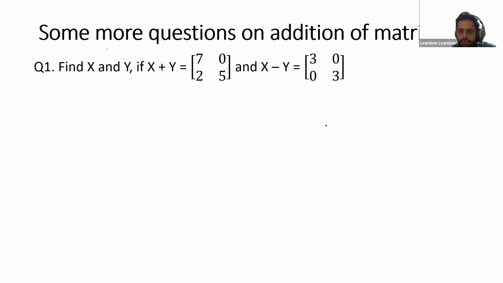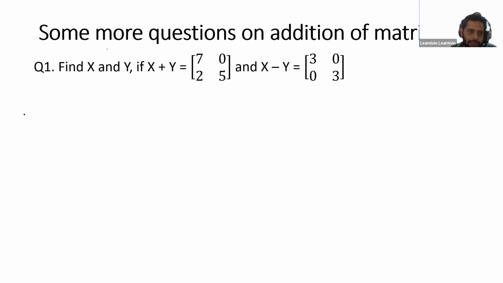X is 5, y is 2. I know, but this is a matrix. This is not a variable. This is a matrix. So you will get the answer in the matrix form. Atif, you have shared this answer, 20, 0, 4, 4. No, Atif, this is not correct. Please again check your answer.